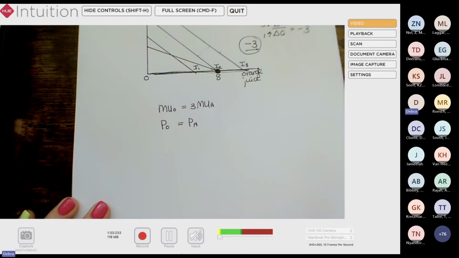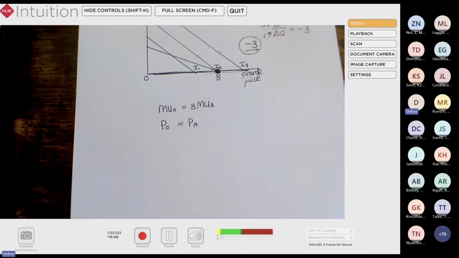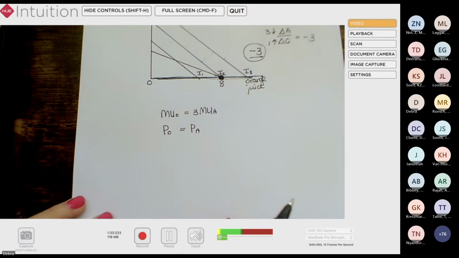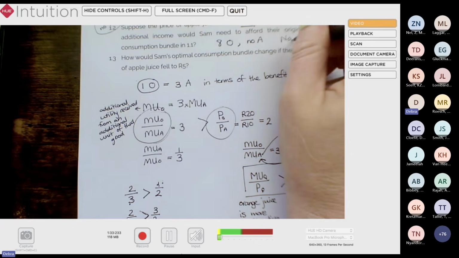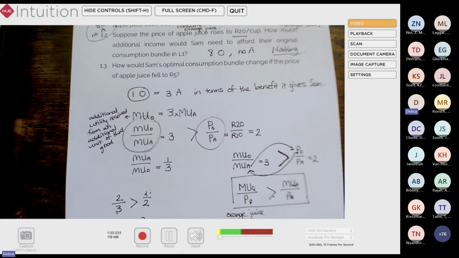So he's not going to consume any apple juice. And so the conclusion is his income doesn't need to change at all. Nothing needs to change because he isn't consuming apple juice in any case. Why does he need more income to consume something that is more expensive, but that he doesn't consume in any case? So the answer to 1.2 is his income doesn't need to change at all.